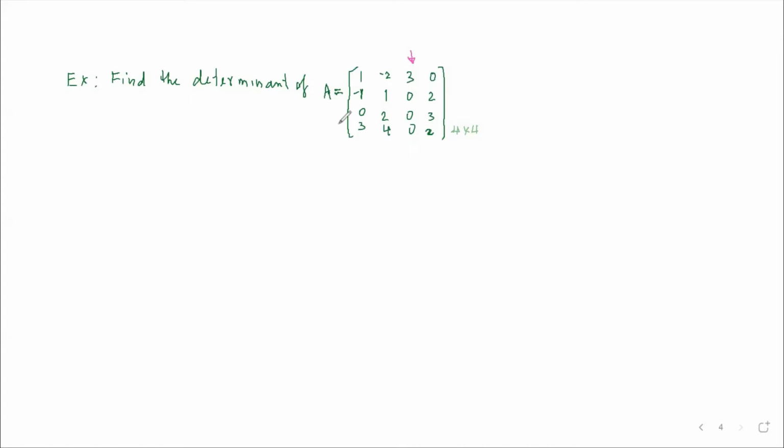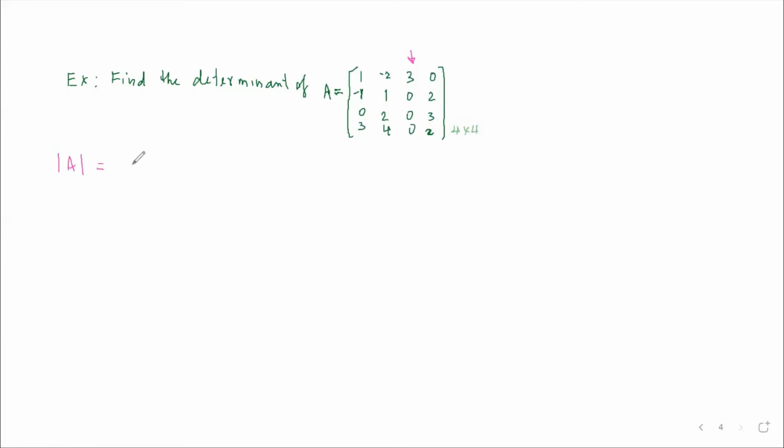So from this, how do we do it? Find the determinant of A. Again, you can use any row, any column you want, but right now we try to select the one with the most zeros. So we're going to work on this. That means we get row 1, third column, row 2, third column, row 3, third column, row 4, third column.